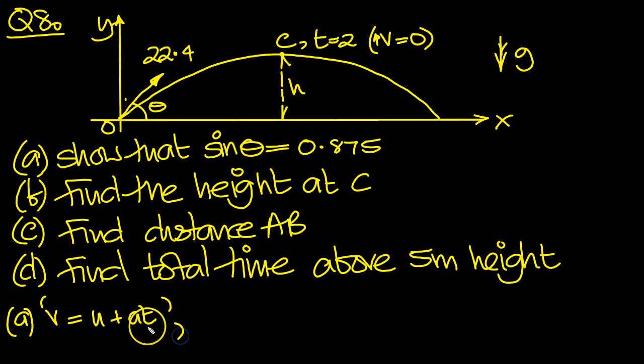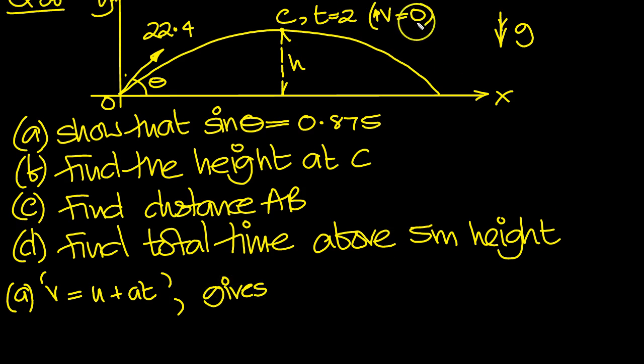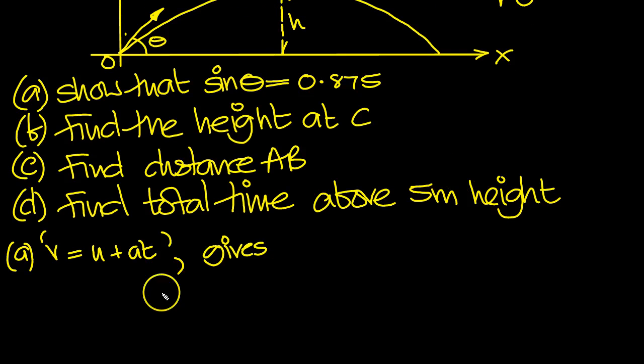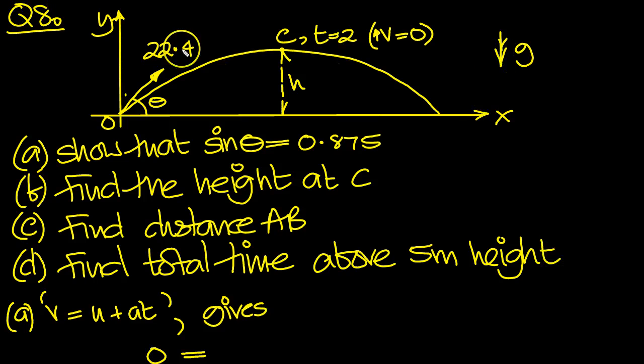So applying this equation of motion in the vertical direction, the final velocity is 0 vertically. The initial velocity vertically is 22.4 times the vertical component, which is sine of this angle.